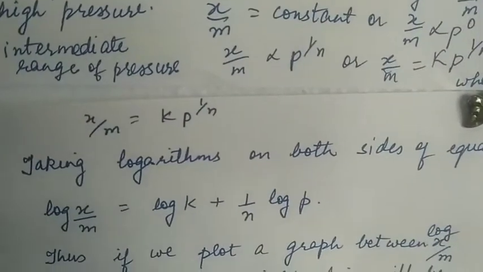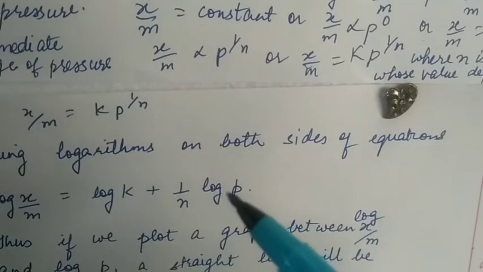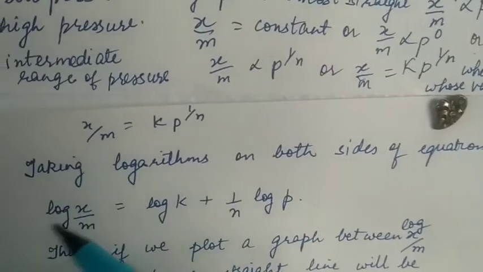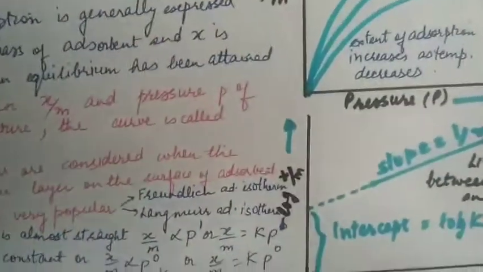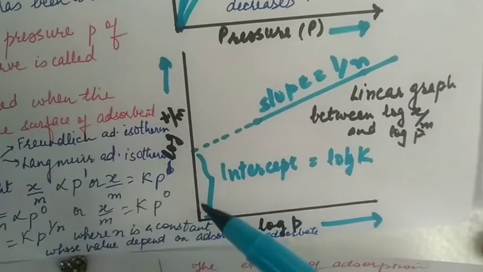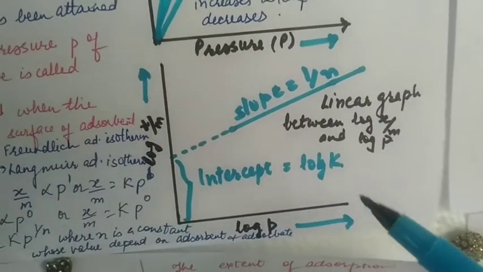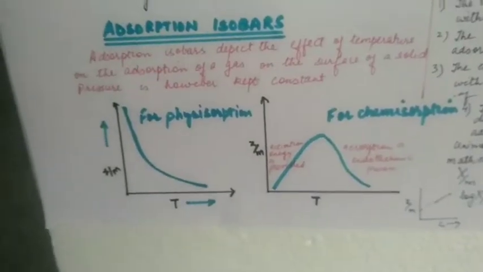Now this is the equation of a straight line, y is equal to mx plus c. That means if you plot log x by m against log p, you get a straight line. This, when extrapolated back, gives the intercept equal to log k, and the slope of this line is equal to 1 by n.